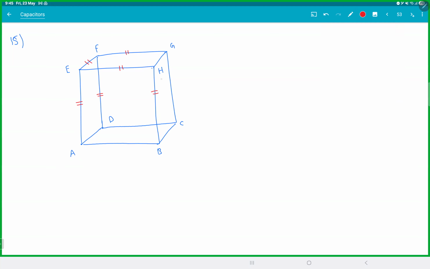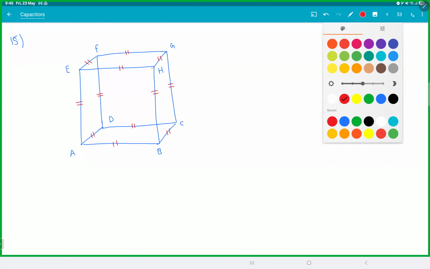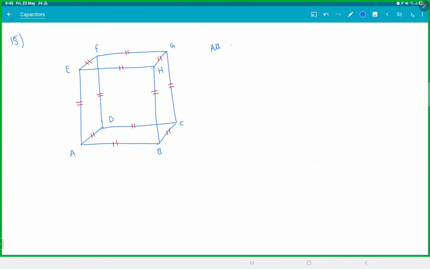So there are 12 capacitors in total, all C. Find the capacitance between A and G, between A and B, and between A and C. So if you keep the battery between A and G, what is the capacitance? A and B, what is the capacitance? A and C, what is the capacitance? In a cube, these are the three cases you have. You connect between any two, you will get one of these three cases.